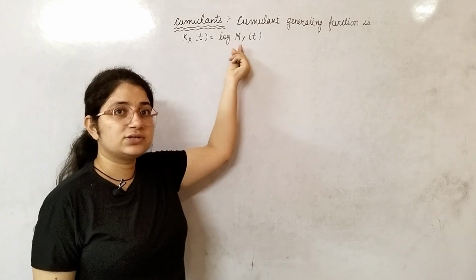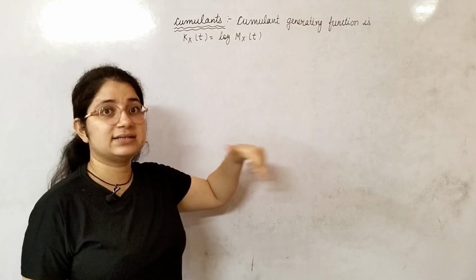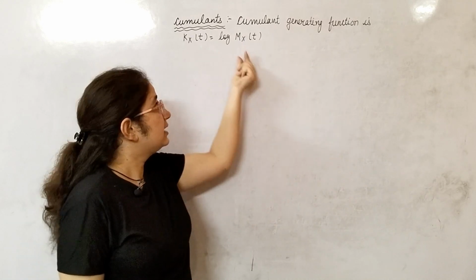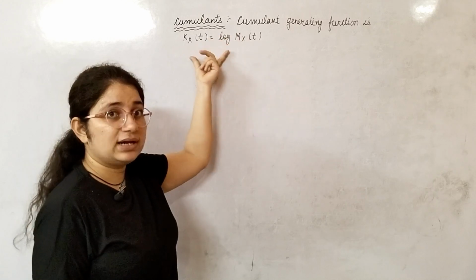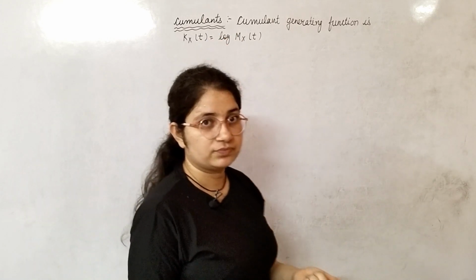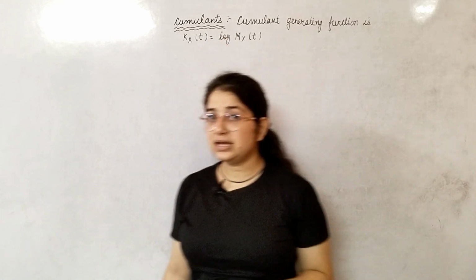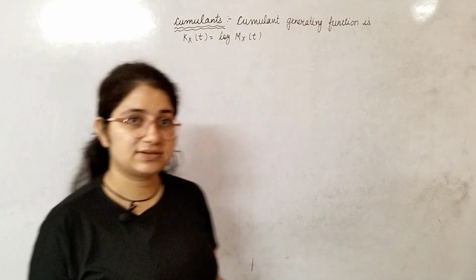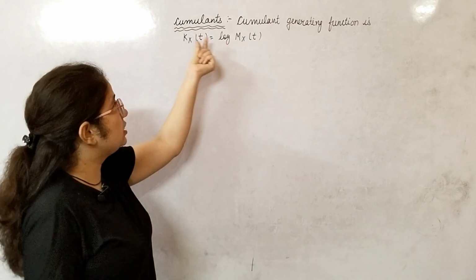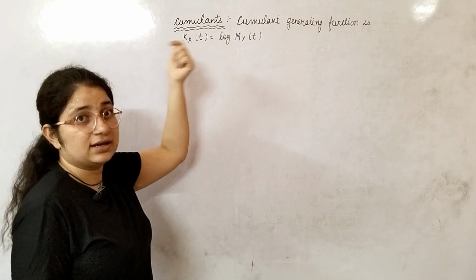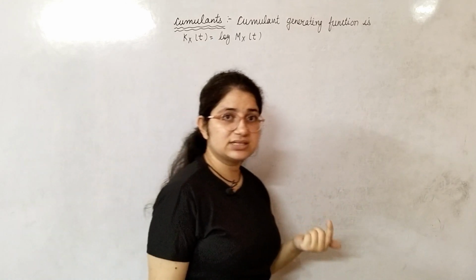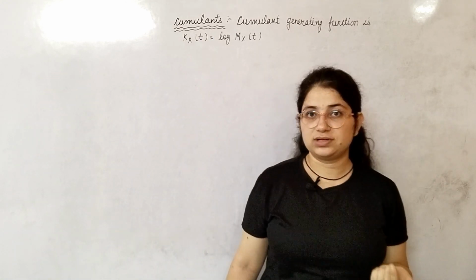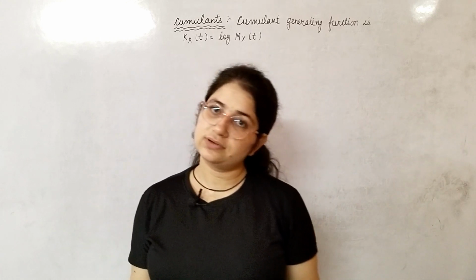So where the MGF has negative values, at that point your cumulant function doesn't exist. And in the same way, where exponentials are not defined, because M_X(t) is equal to e to the power K_X(t), at that point we will take help from the cumulant function.